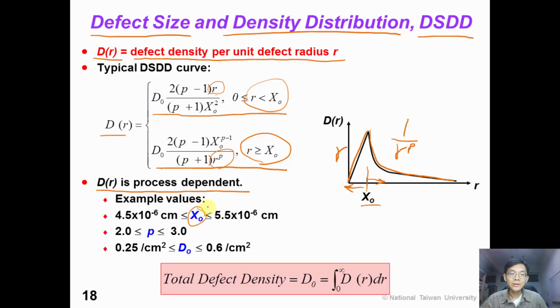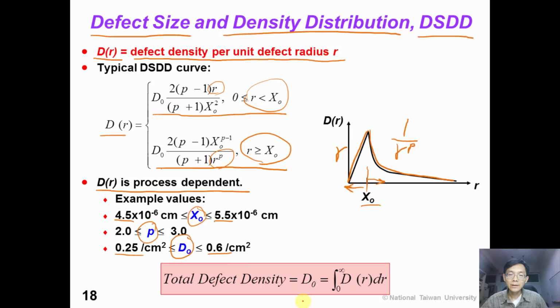The threshold x0 can be between 4.5 to 5.5 times 10 to the power of -6 centimeter. The exponent can be between 2 to 3. And the total defect density can be 0.25 to 0.6 per centimeter square.